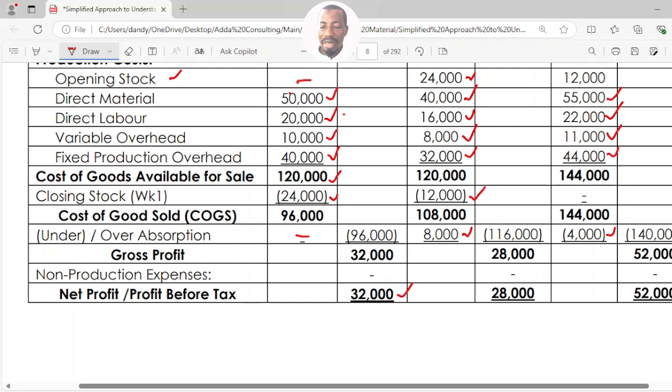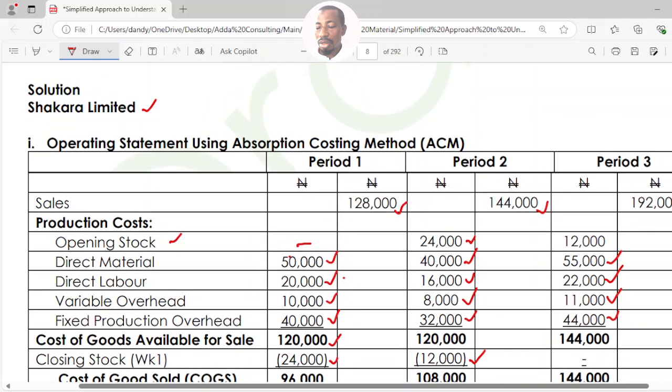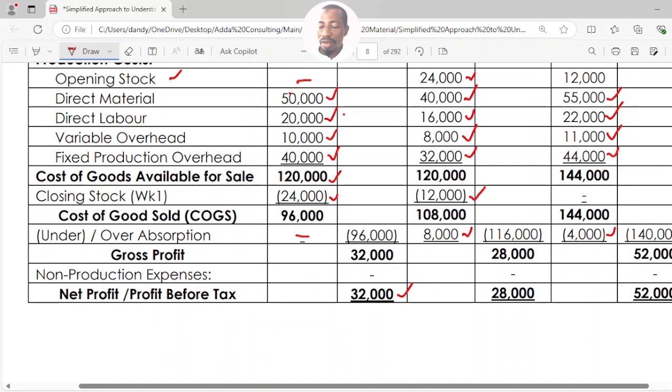We've already determined that in the second period we have over absorbed overhead. In this case, you are supposed to add it to cost of goods sold because it is over. That will be 116,000. 116,000 minus 144,000 gives a difference of 28,000, which represents gross profit or net profit since there is no tax.